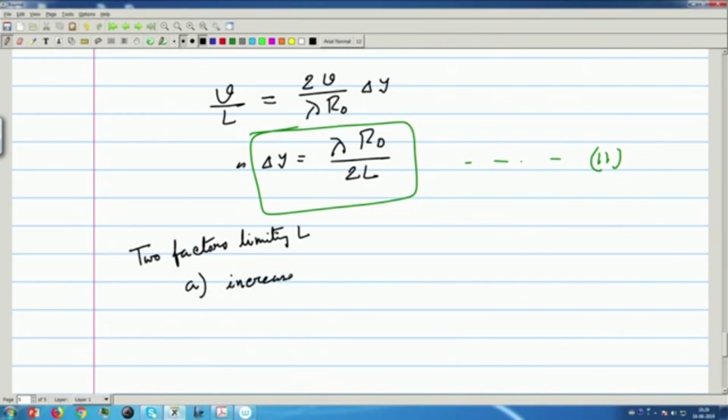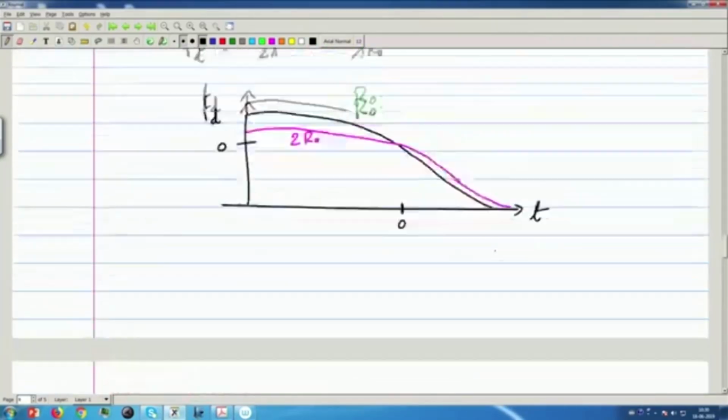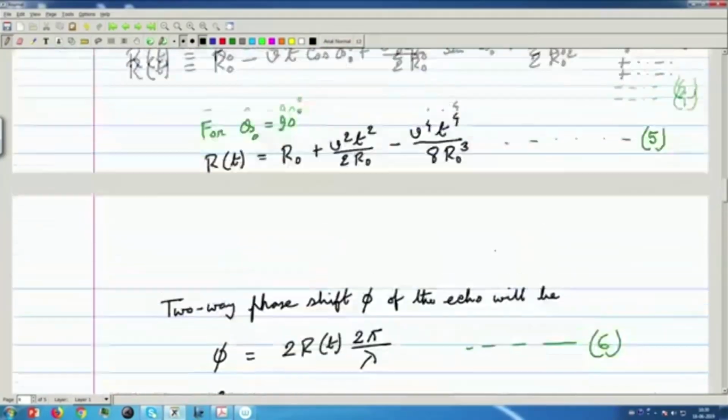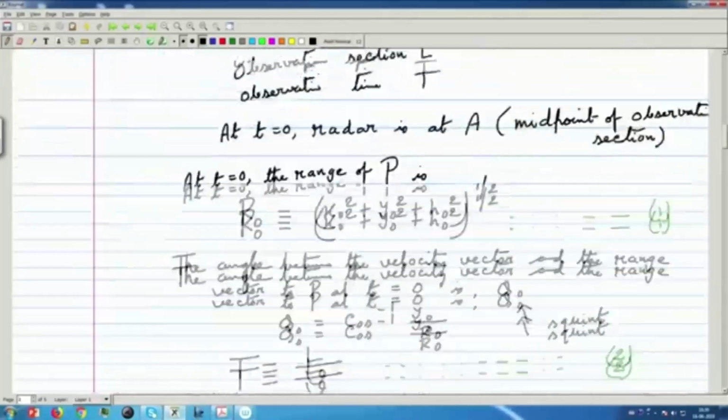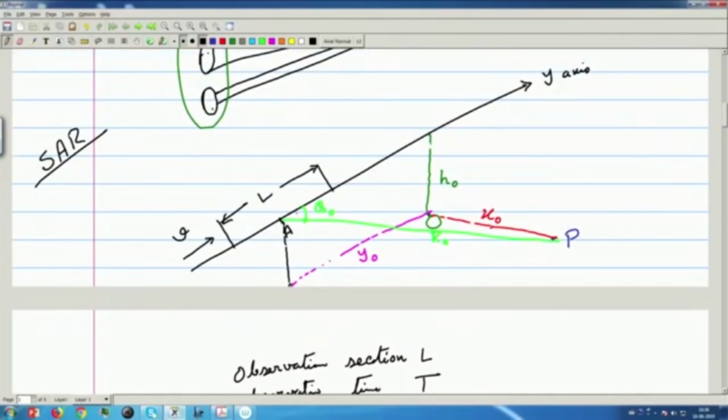increase in processor size. Why? Please see what is L. During L many pulses are being sent and they need to be kept, all of them.